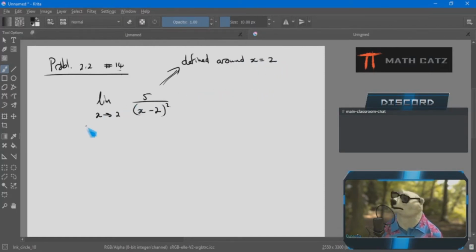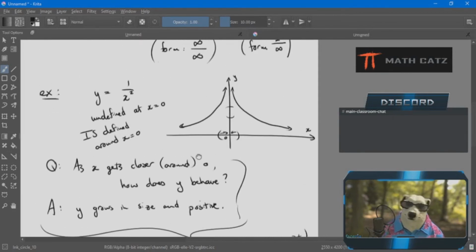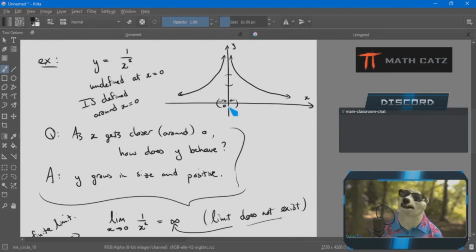It doesn't have to do anything at 2, because as we saw in this example, I'm actually never going to be at that x value. I can't be. Yet I can still ask the behavior question. The behavior question is not concerned with what is happening at that x value.